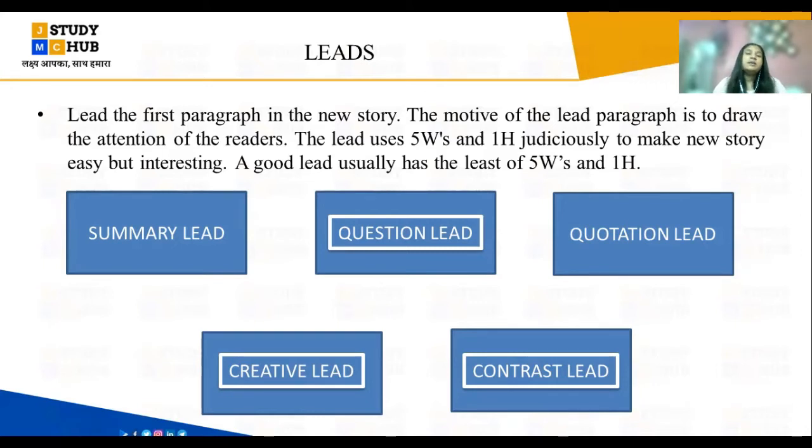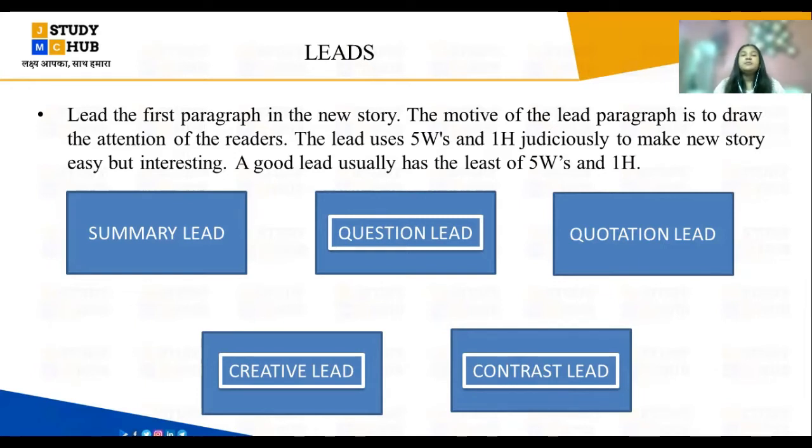So the lead uses the 5 W's and 1 H judiciously to make a news story easy but interesting. You are not giving bland information, but something very interesting, something that readers are not aware of. A good lead usually has at least some of the 5 W's and 1 H.